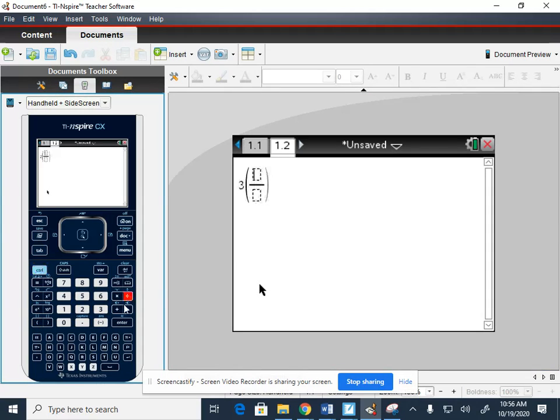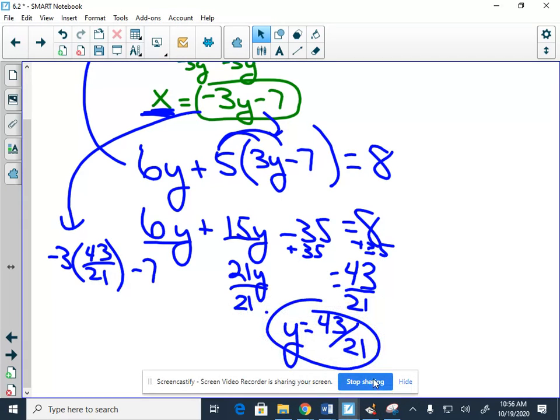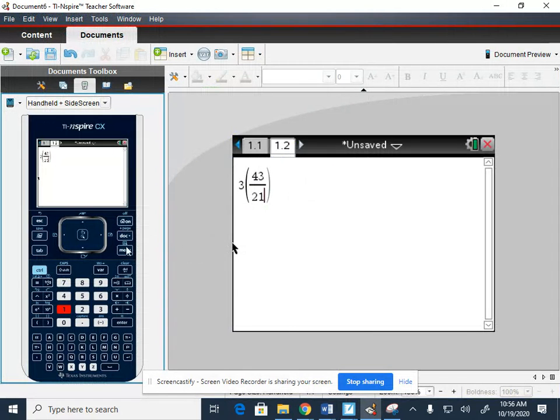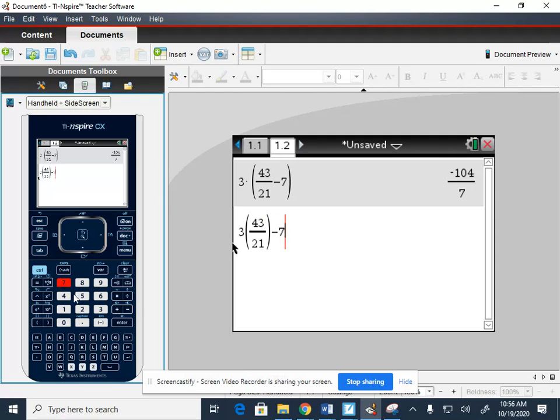Multiply by 43 over 21 minus 7. Oop, I did that wrong. I'll redo it. 3 outside of the parentheses, we get negative 6/7.